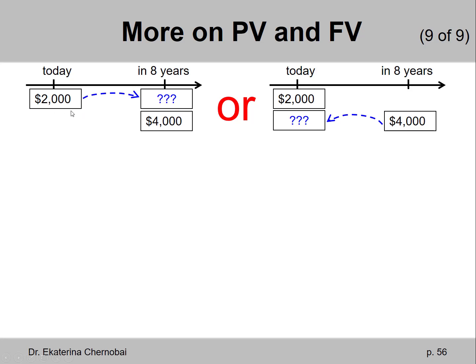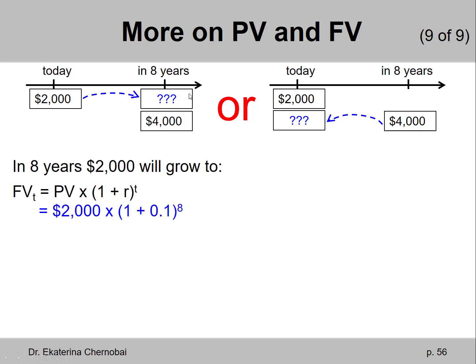If you take $2,000 today, after 8 years, how much is it going to grow to? And if it's going to grow to more than $4,000, which is your second option, then you should accept $2,000 today. This is how we are going to approach it. So what is the future value of $2,000 after 8 years at 10% interest rate? We use the future value formula. $2,000 multiplied by (1 plus 0.1) to the power 8. $4,287.18.